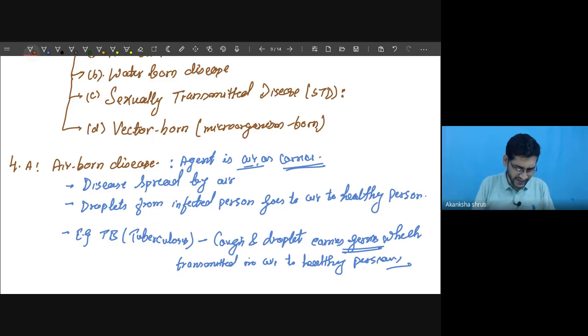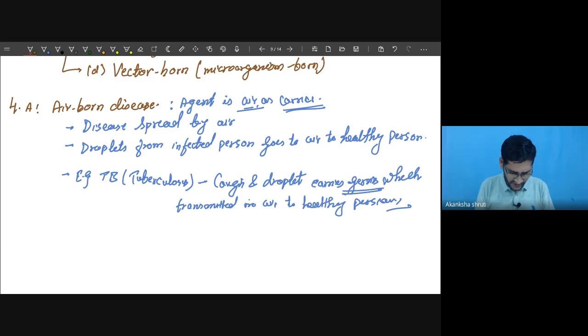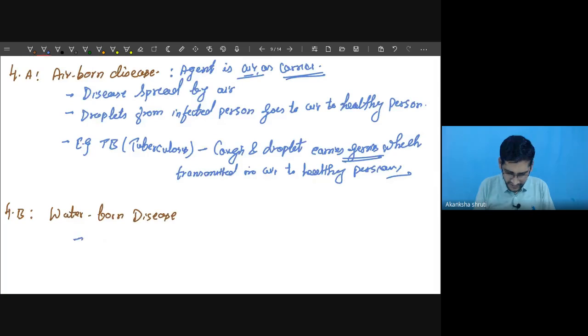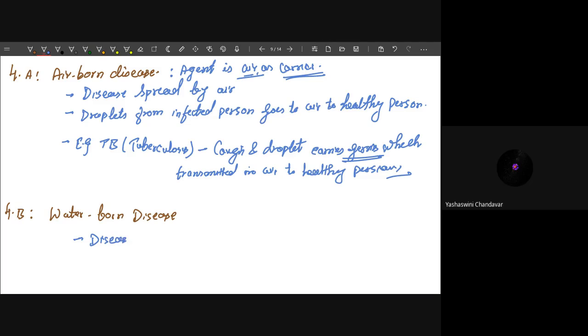The second one is our waterborne. Waterborne, what the name indicate? These examples are very important, student. Sir, malaria. Good. So disease through water.